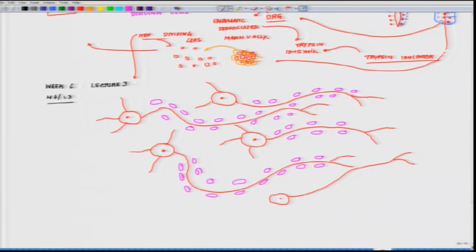They may slowly divide like this, and they may form something like this.